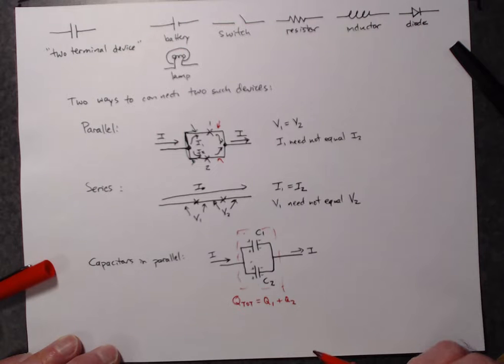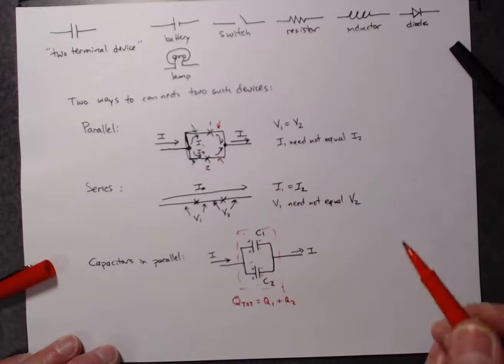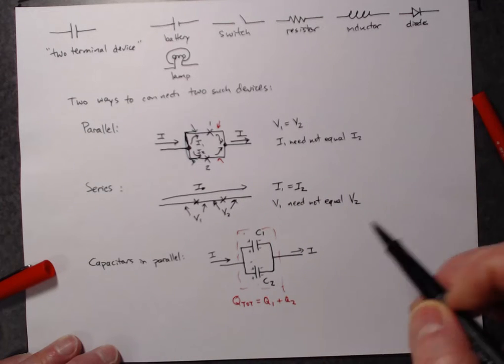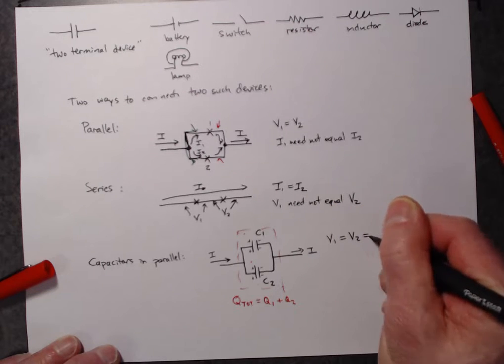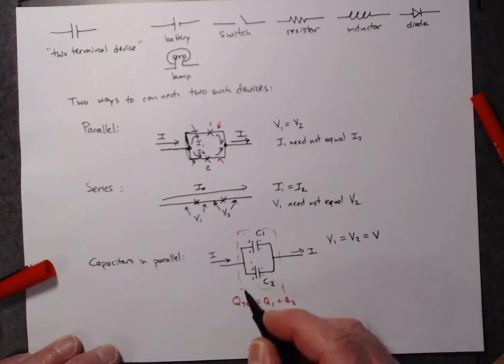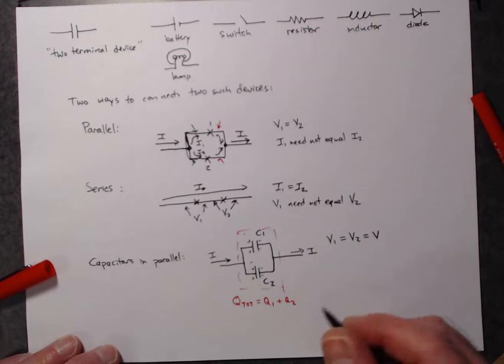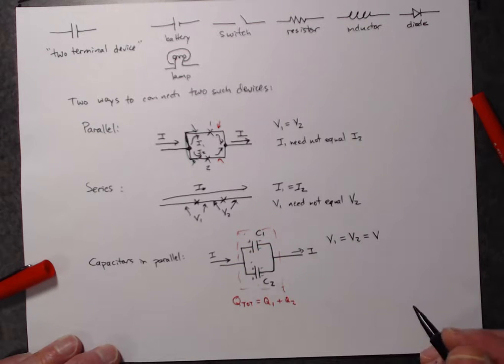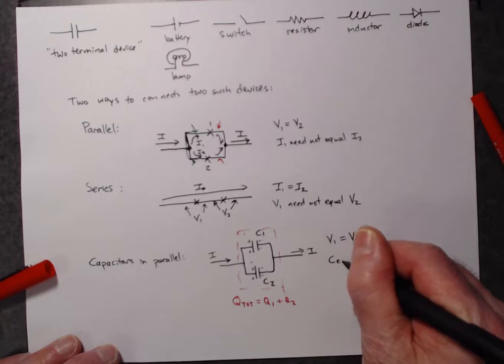Because the two capacitors are connected in parallel, we know that their voltages are equal. So V1 equals V2 equals V. V1 is the voltage difference across C1, V2 is the voltage difference across C2. I can think of the combination of two capacitors as a single equivalent capacitor.